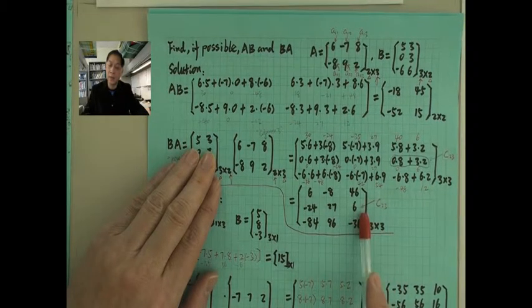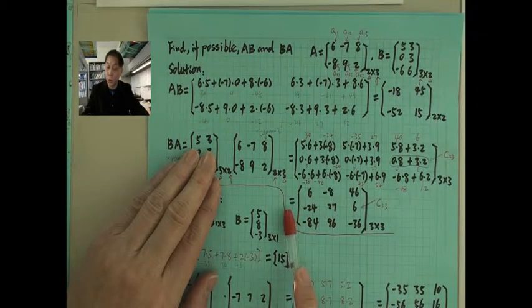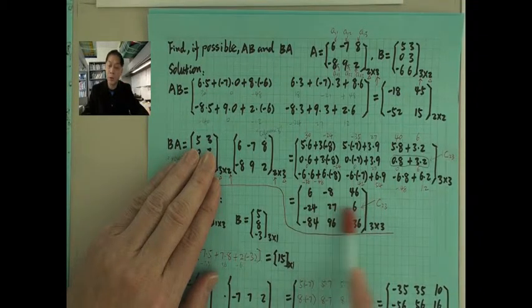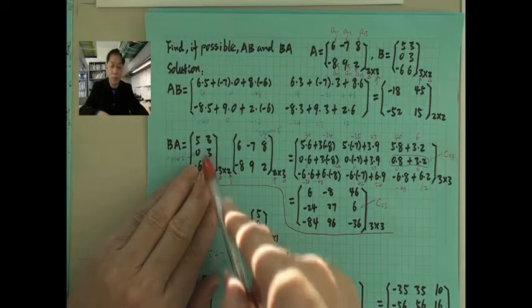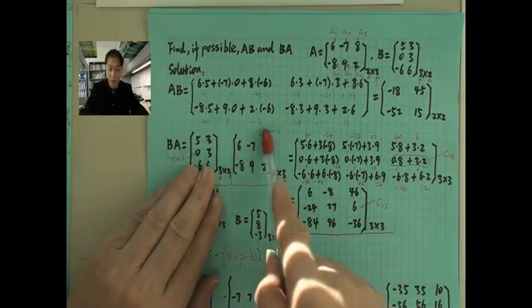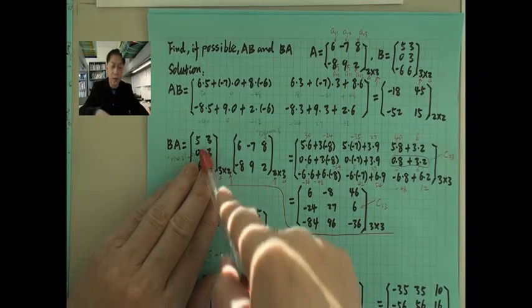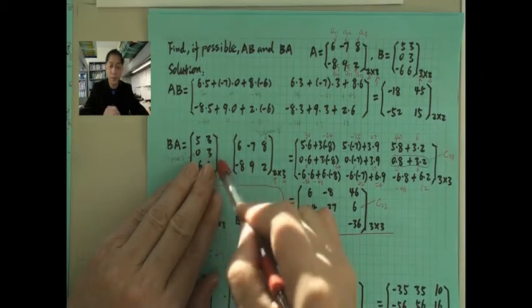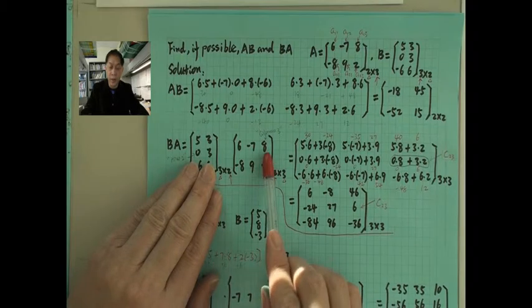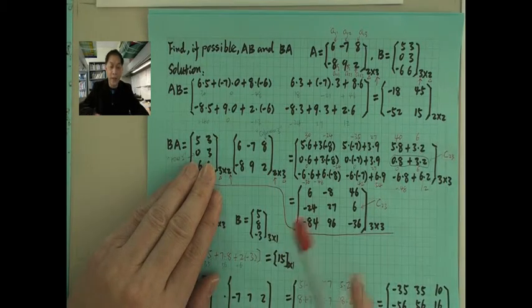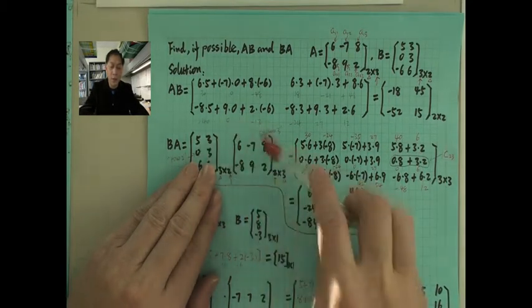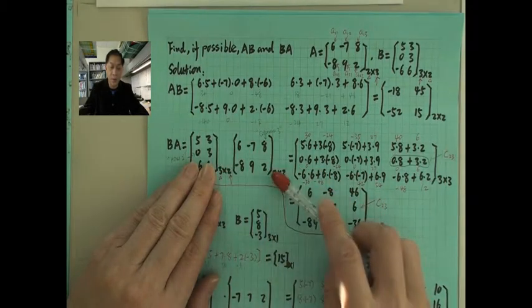Okay? How do we get this one? This is row 2, column 3. So you want to locate row 2, column 3. Row 2 is 0, 3 here. And then column 3 is 8, 2. So how did we get it? 0 times 8, 3 times 2.